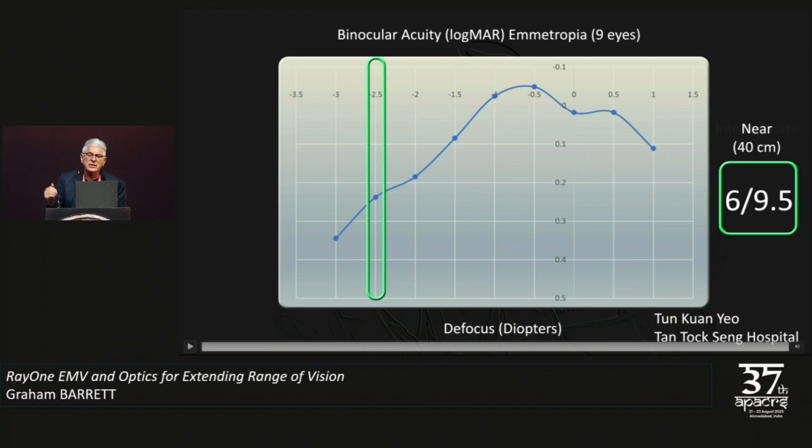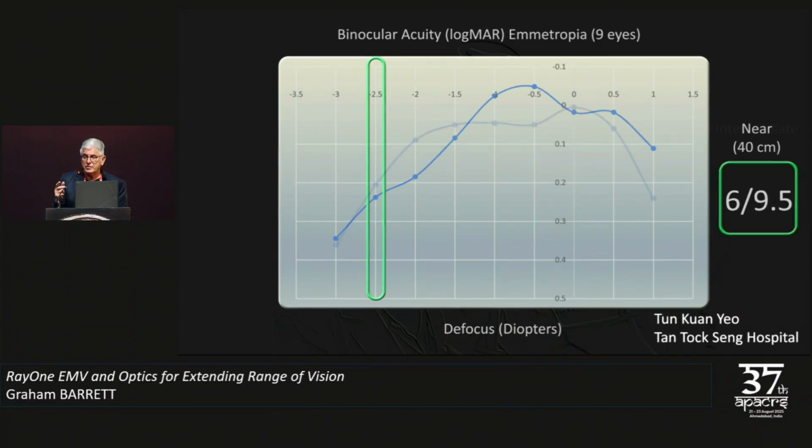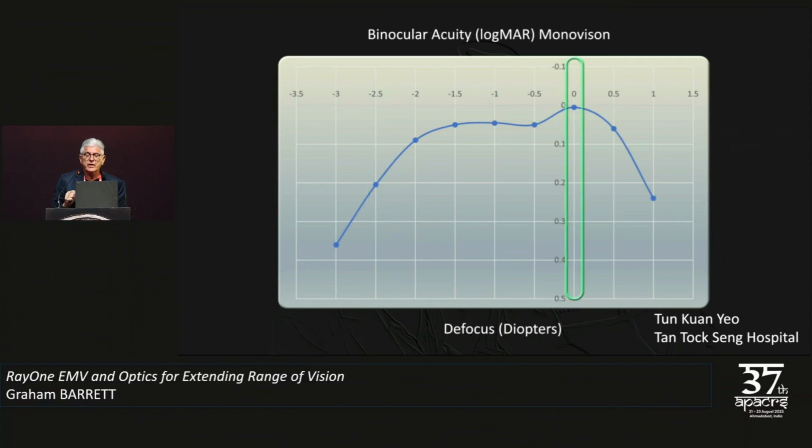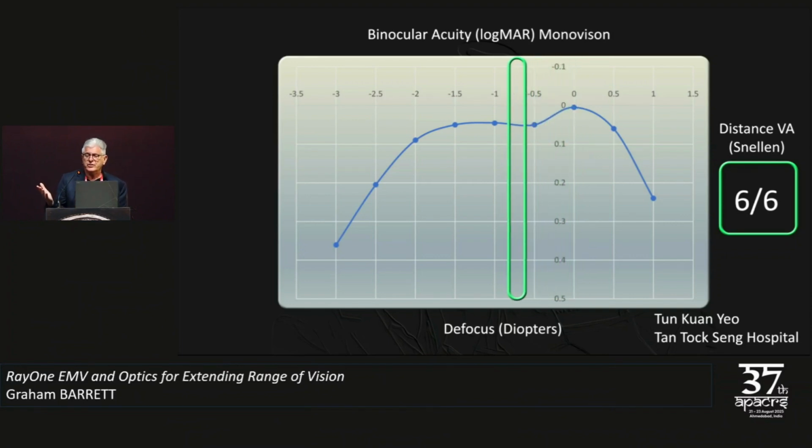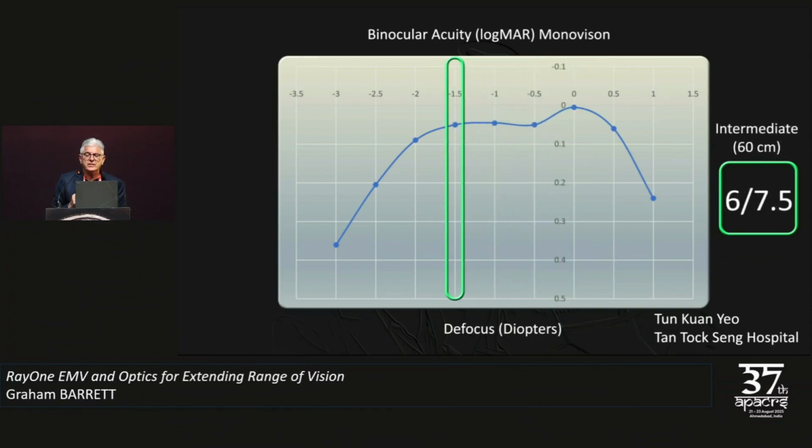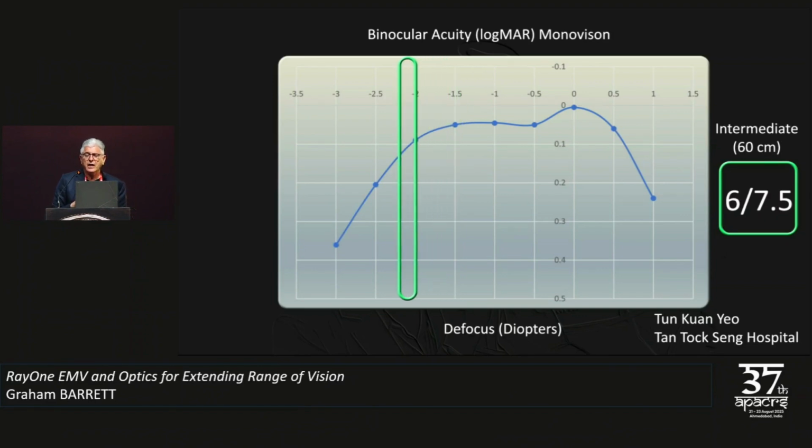So it's a good defocus curve. But if you look at those patients who had modest monovision and look at their defocus curve, it's even broader. The drop-off is further down the track, and you can expect good vision: 6/6 for distance, 6/7.5 for intermediate, and 6/9 for near.